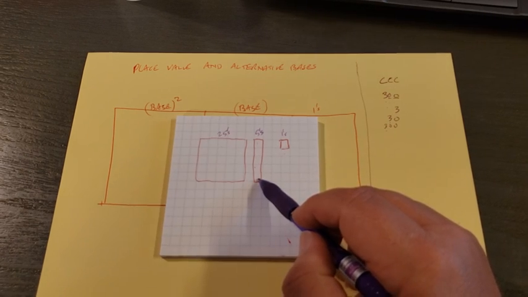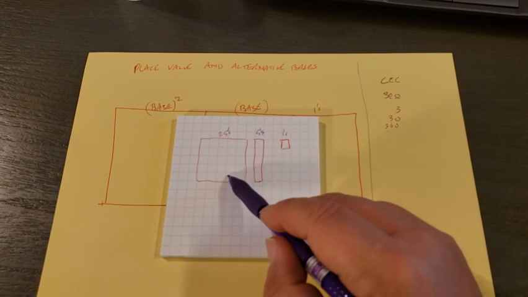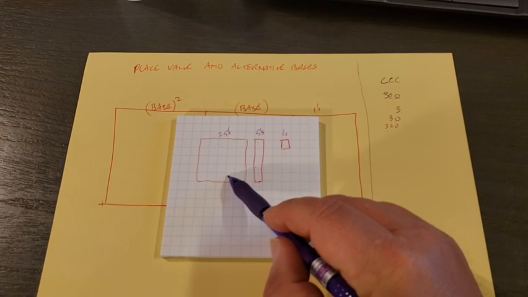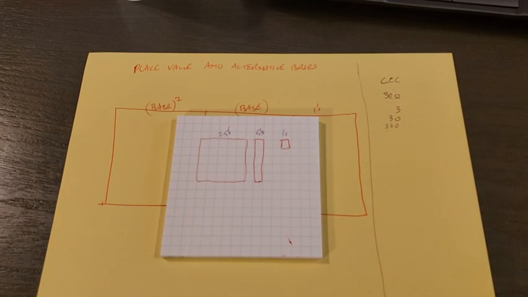And then 5 fives make a 25, if we're talking base 5 again. These place value blocks are great.